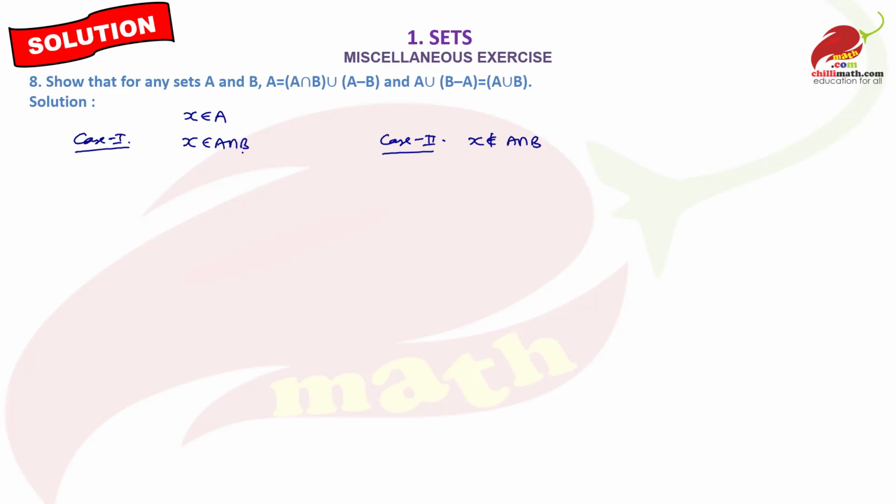But if it belongs to A intersection B, then it will definitely belong to the set which is added to this.